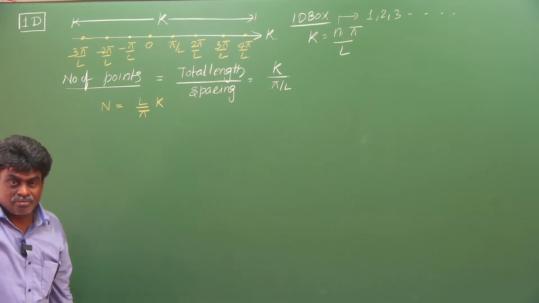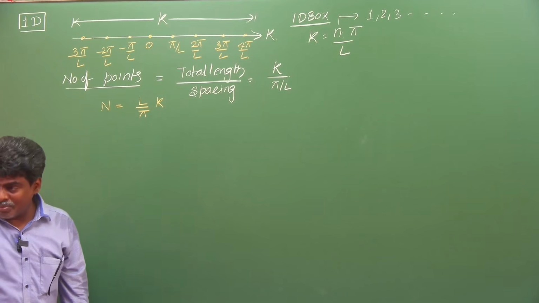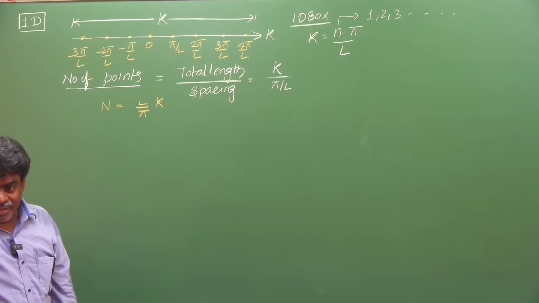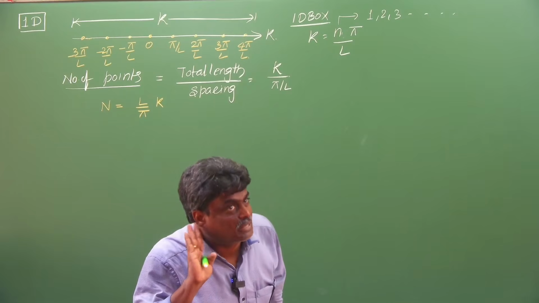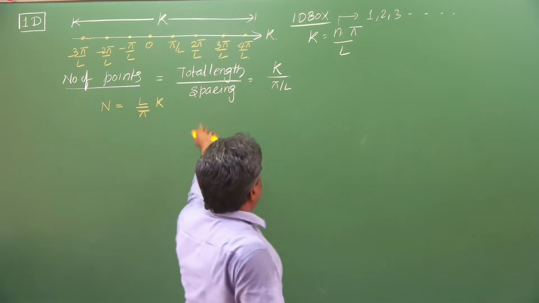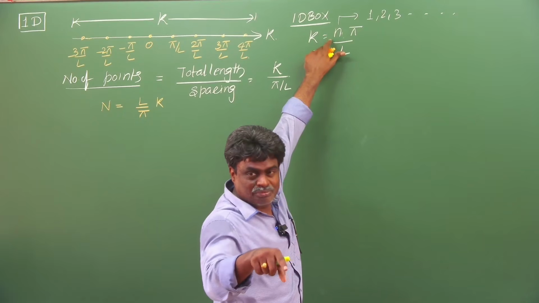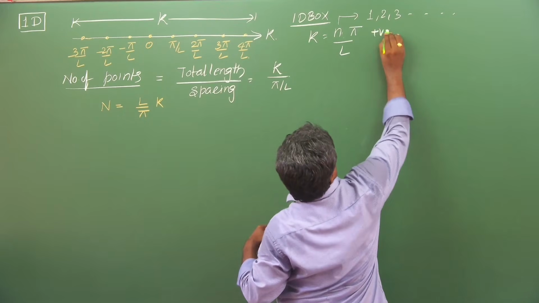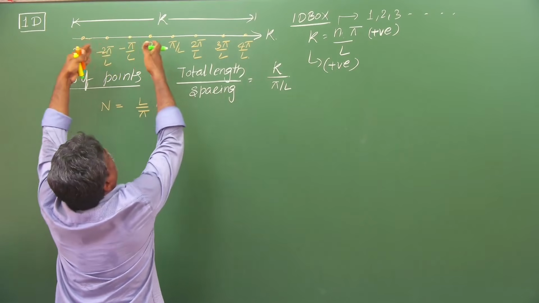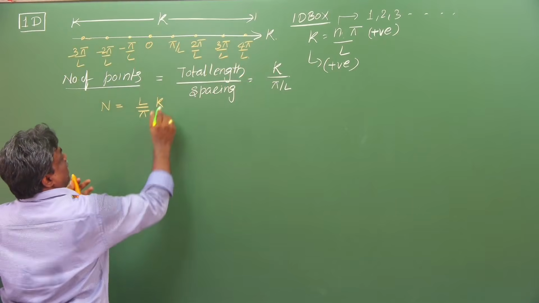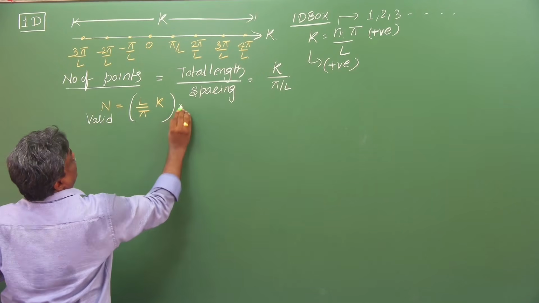For finding the number of states or lattice points, k can never be negative, because k is n pi by L and n is positive. But this axis has both positive and negative, so out of this, how many are valid?